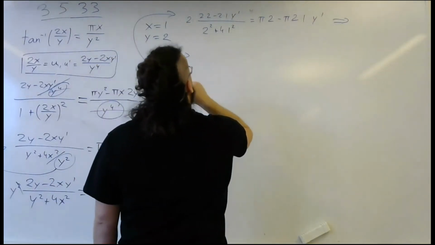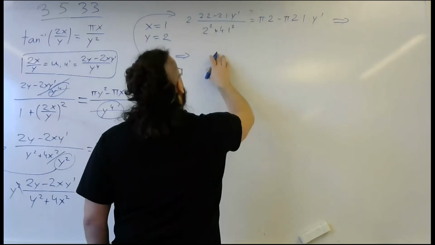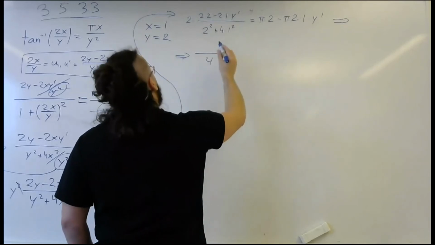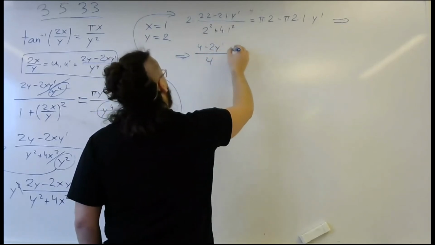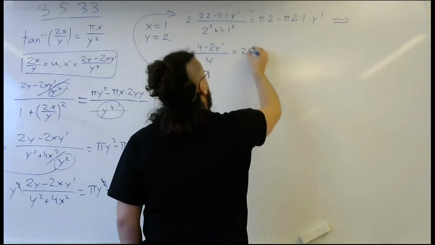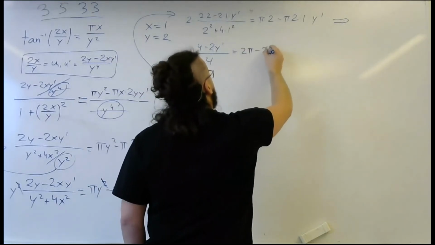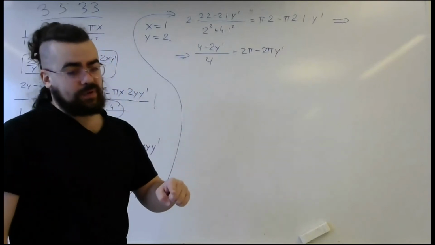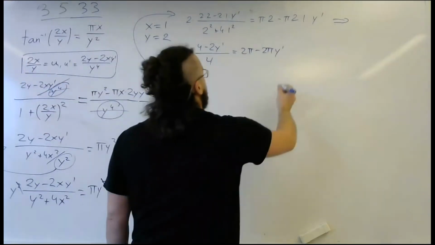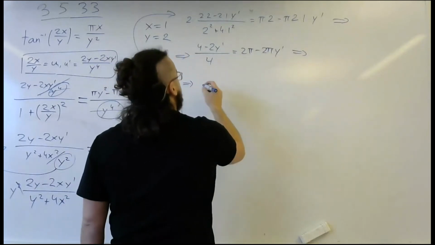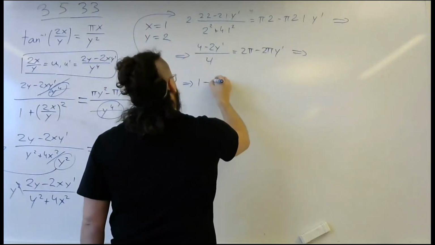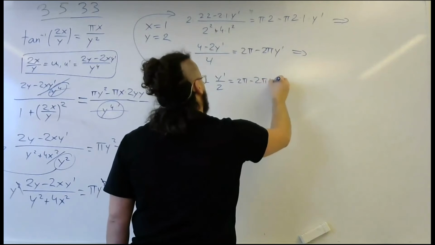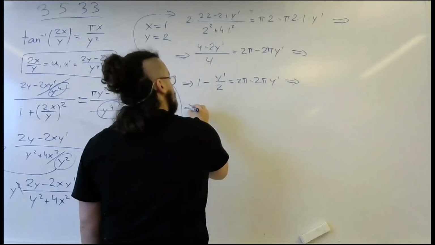So now we put all numbers together. We have, this is 8, so it simplifies with the 2. We have 4 minus 2y prime, and this is 2 pi minus 2 pi y prime. So now we move the y primes in one side and the numbers in the other side. And so with this, we get a very nice first degree equation. This is 1 minus y prime over 2 pi minus 2 pi y prime, which we can transform.